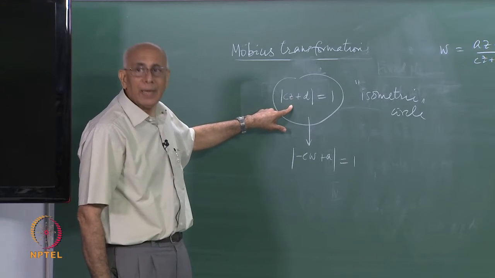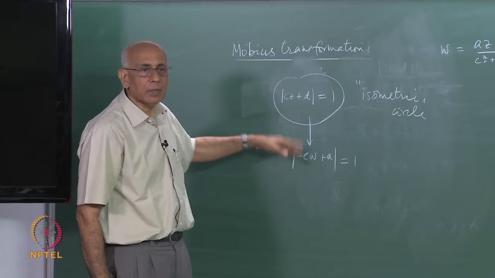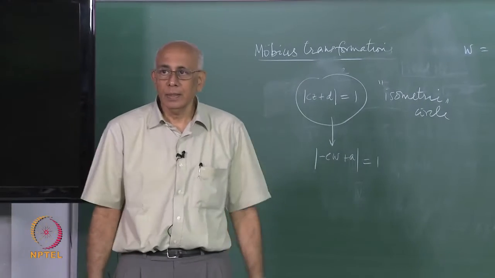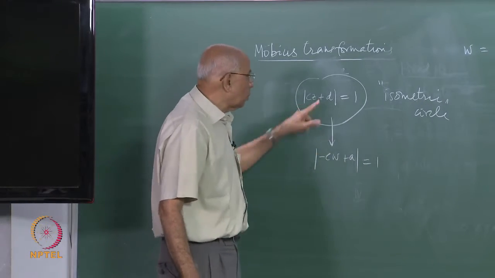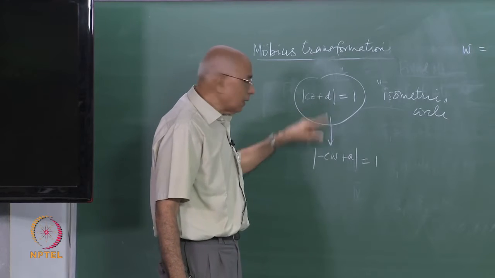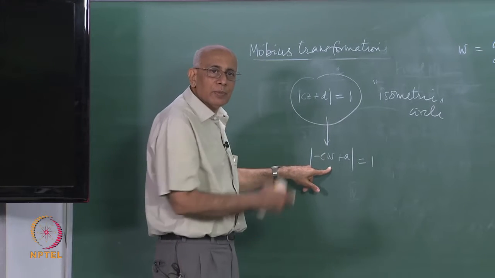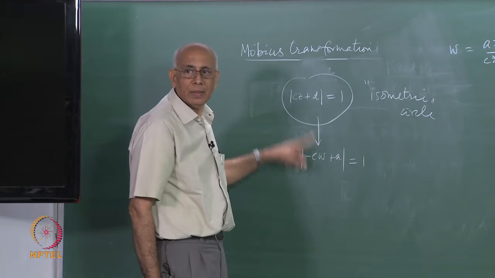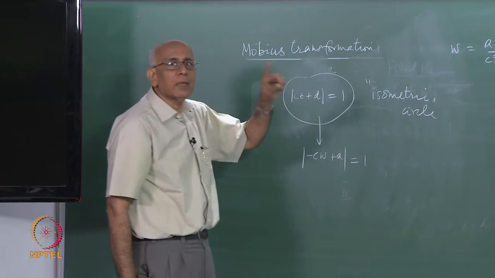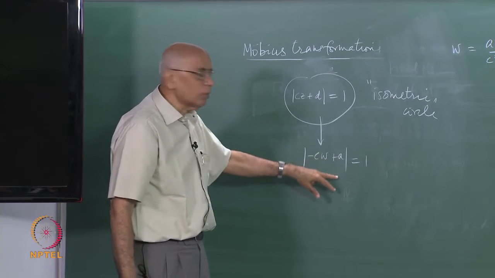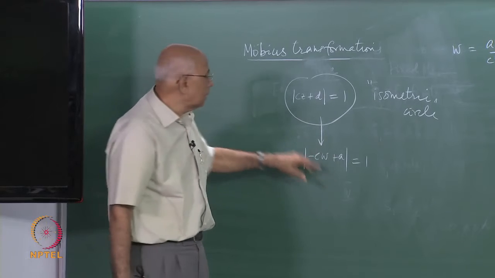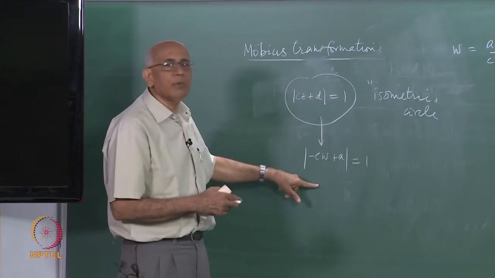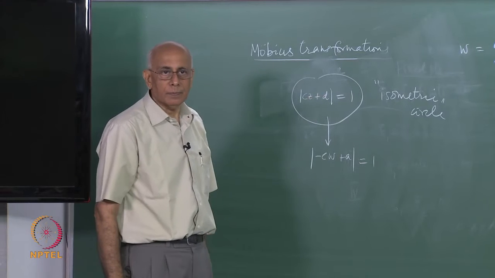Minus d over c is mapped to infinity, because you put z equal to minus d over c and W becomes infinite, right. So the center of this circle is mapped onto infinity. Where is the center of this circle mapped in the inverse map? Infinity once again, right. So infinity in the z plane is mapped to the point a over c in the W plane, and minus d over c in the z plane is mapped to infinity in the W plane.